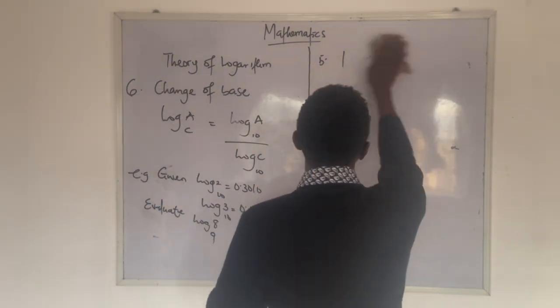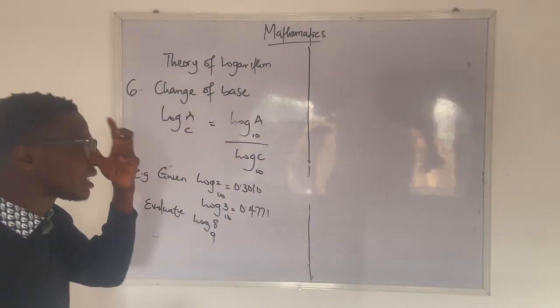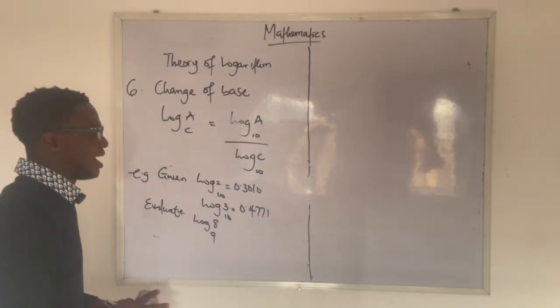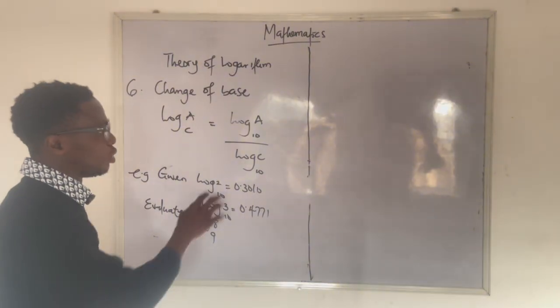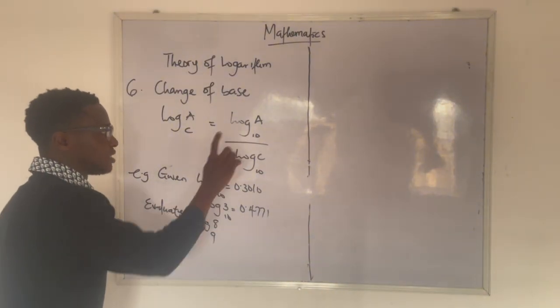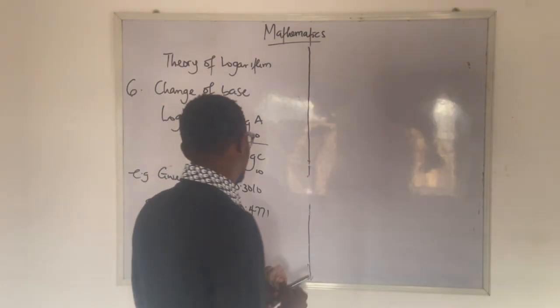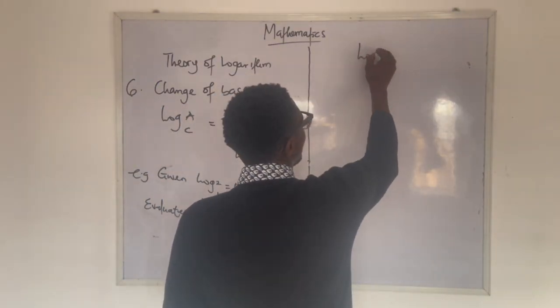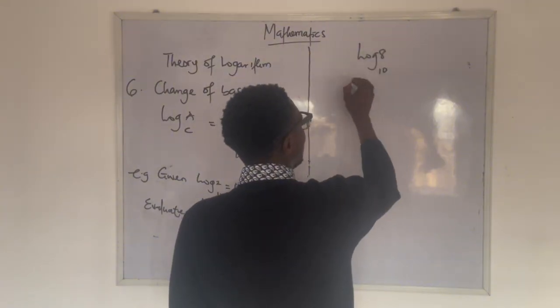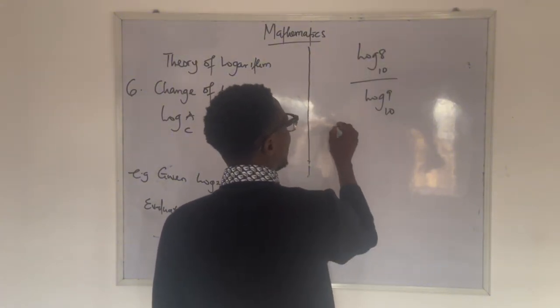Telling us to evaluate log 8 base 9, we just need to think how do I achieve this? We've said we can split it: log 8 base 10 divided by log 9 base 10.